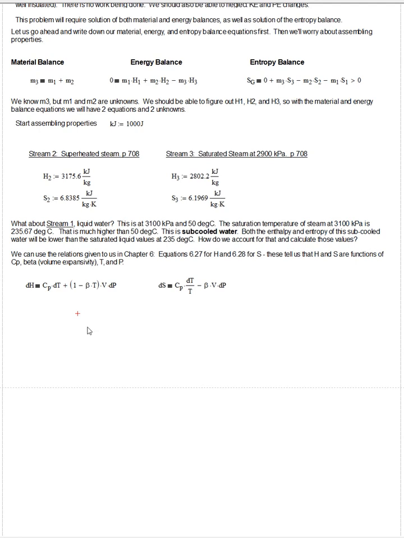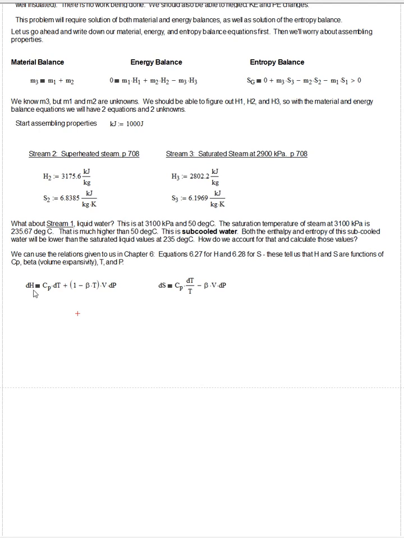They give you these two equations, 6.27, 6.28. This tells you that you can calculate enthalpy based on heat capacity data, and remember this beta, which is the volume expansivity that we introduced back in chapter 3. This is heat capacity and equation of state information.